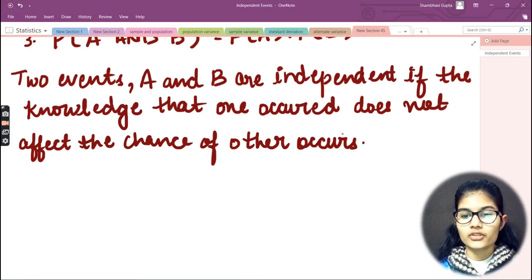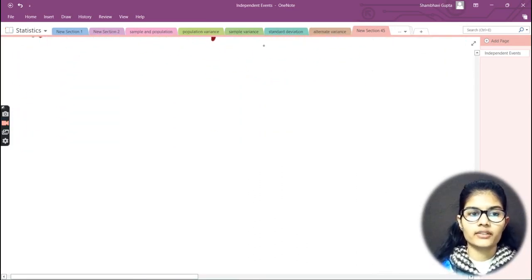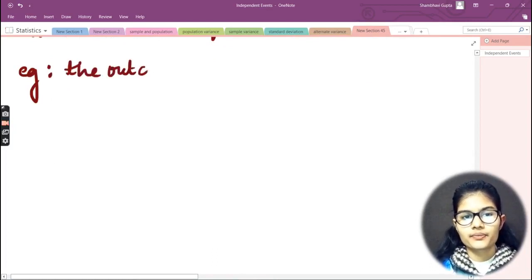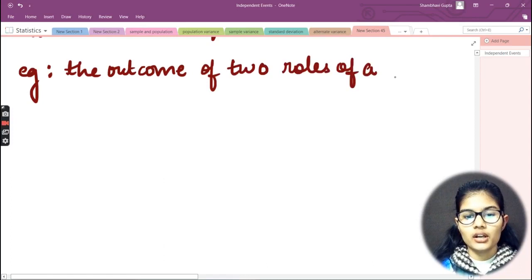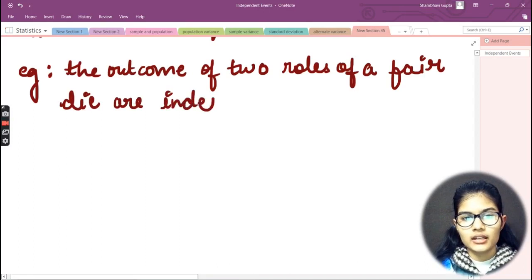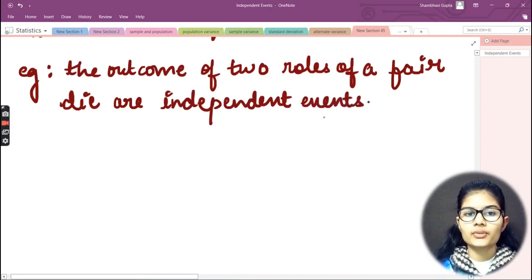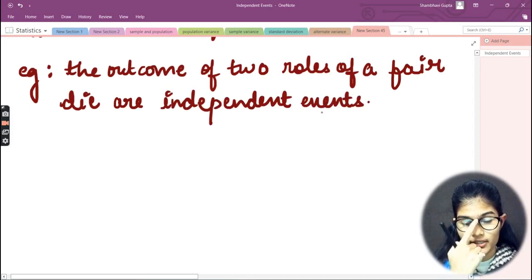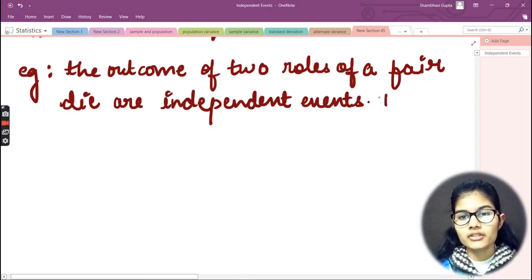So let's say that the outcomes of two rolls of a fair die are independent events. Let me write that out, because it would be much clearer while writing. So let's take up an example: the outcomes of two rolls of a fair die are independent events.